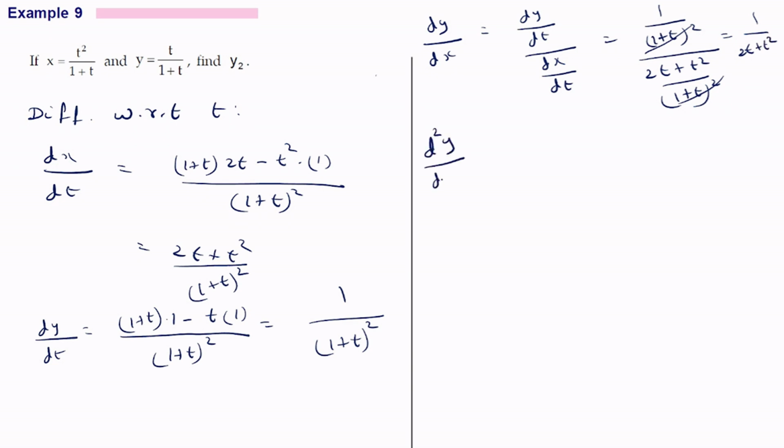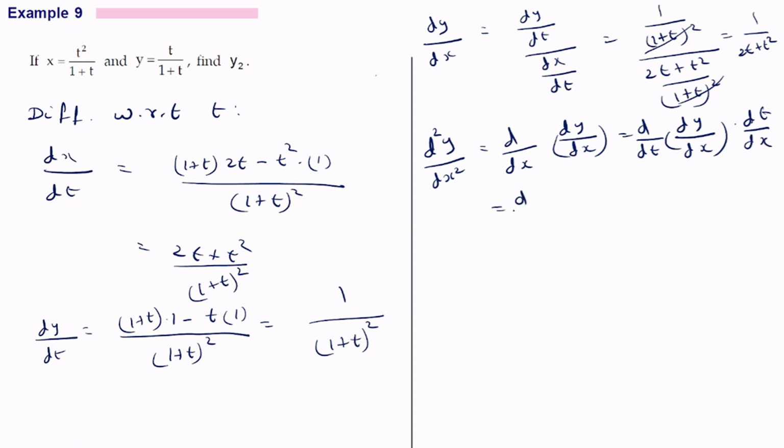Now d square y by dx square is d by dx of dy by dx, or it is d by dt of dy by dx into dt by dx. So this is d by dt of dy by dx upon dx by dt. So it is the derivative of 1 by 2t plus t square with respect to t upon dx by dt. Now let us differentiate this.